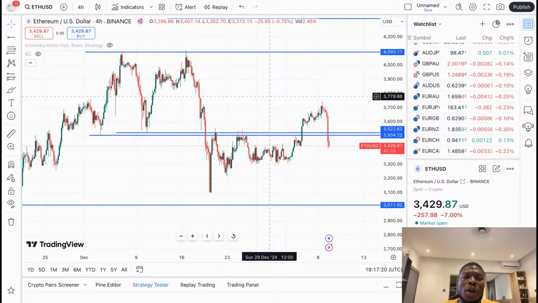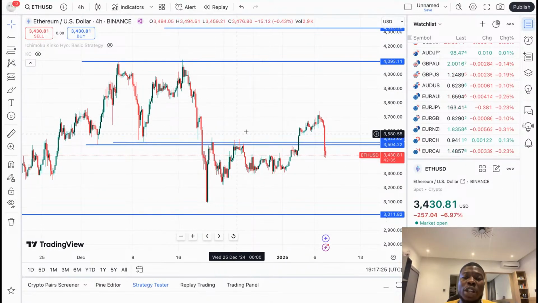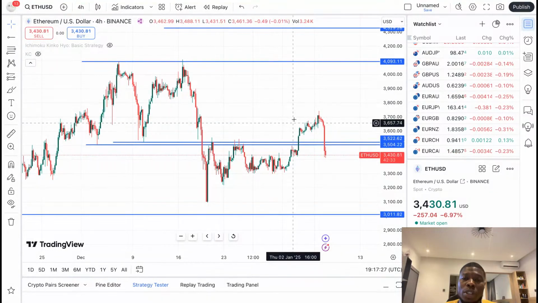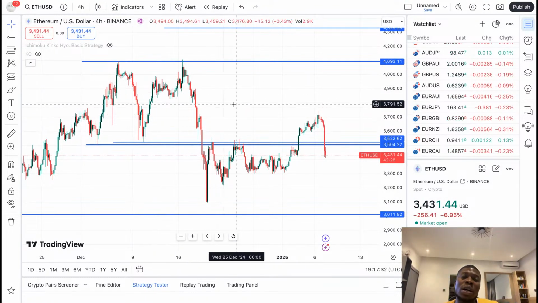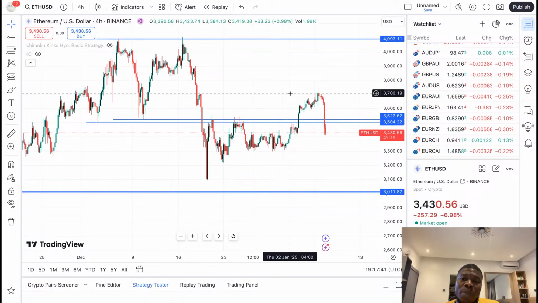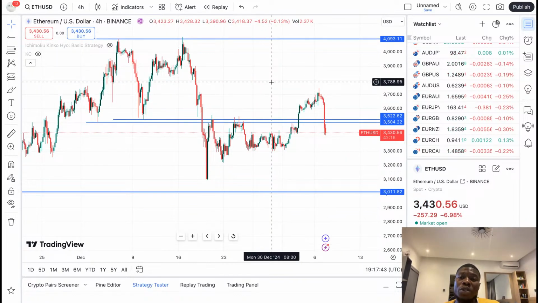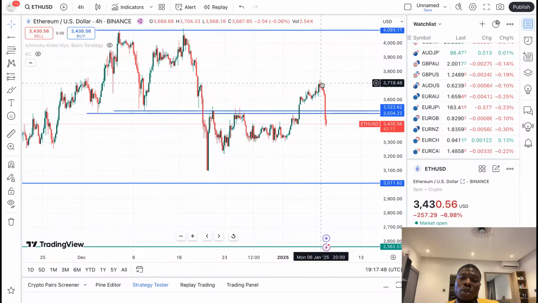Whatever you're going to do on Ethereum should be shorts at the moment. So Ethereum is in a downtrend, and whichever place Ethereum is now, you should be looking for short opportunities. If you look at the past couple of 4 hours, Ethereum has been falling.